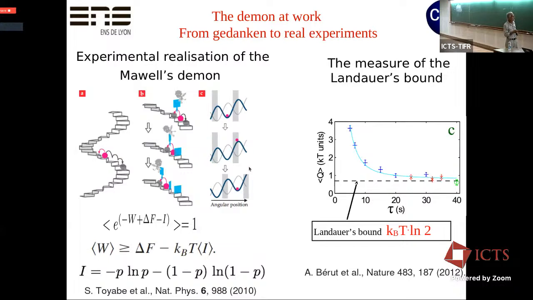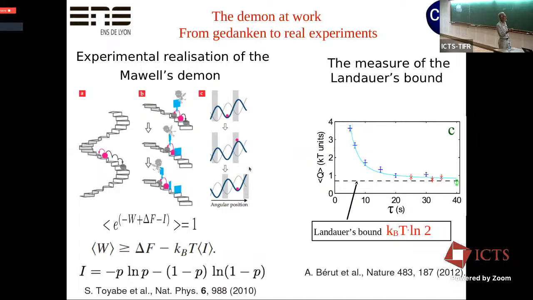And now you see that this equality imposes that the mean work is actually larger than the free energy difference minus k_B T I. Okay, this can be proved. I will show it eventually later at the end, but trust me. So you see that from this equality, I can derive this inequality.